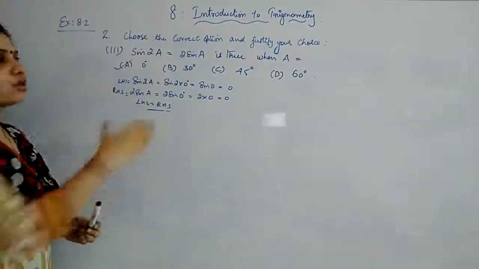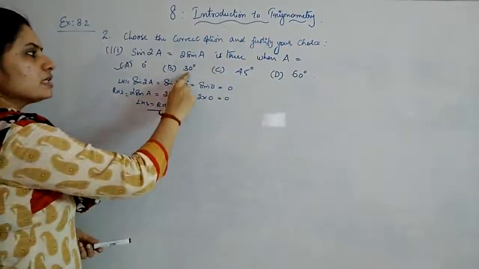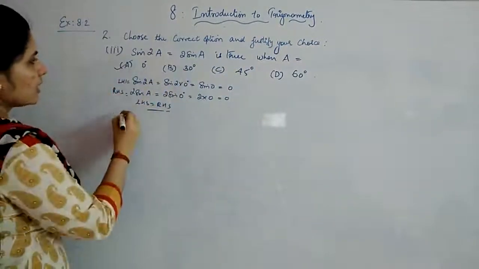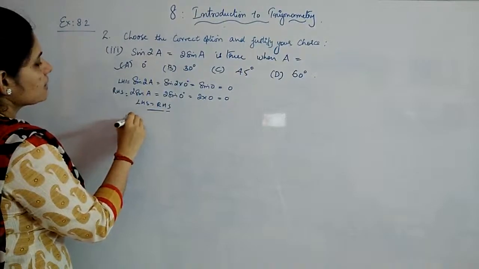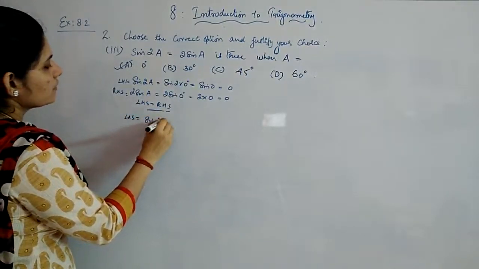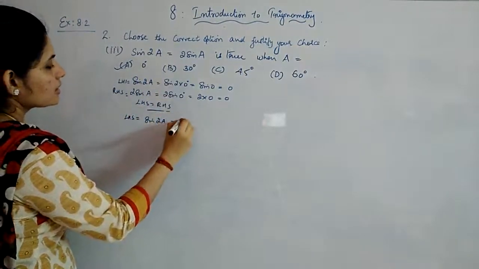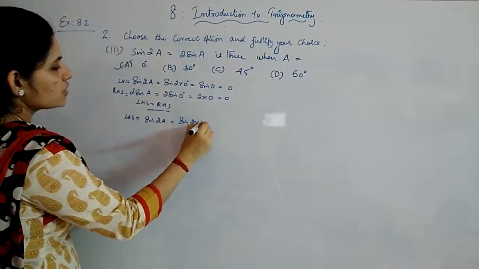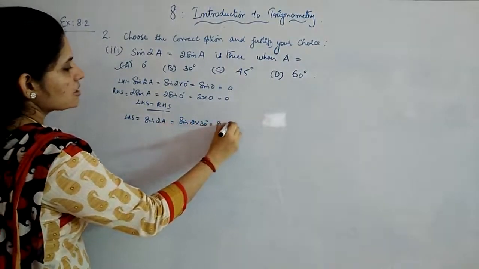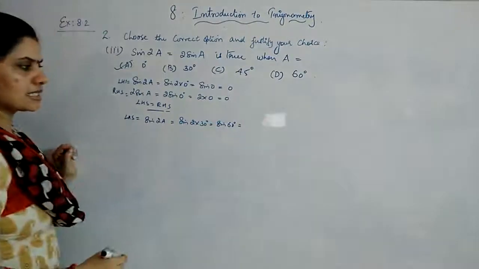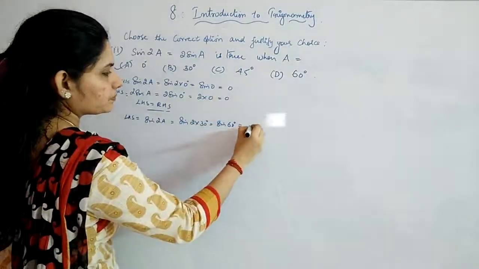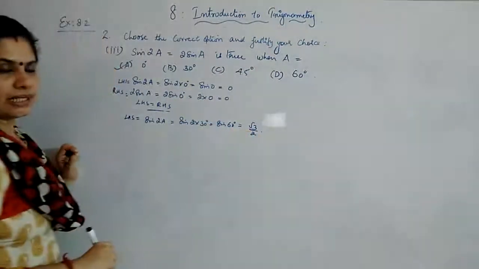Now you no need to go for further thing, but if you want, I will show you how to check. That is, if I am taking LHS as sine 2a with angle 30, what I will get? Sine 2a means sine 2 into 30 degree, which is sine 60 degree. What is the value of sine 60 degree? It is root 3 by 2, right?